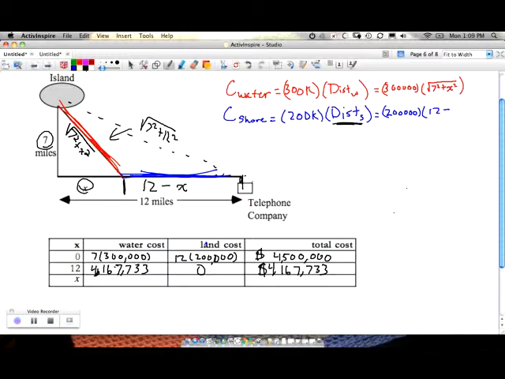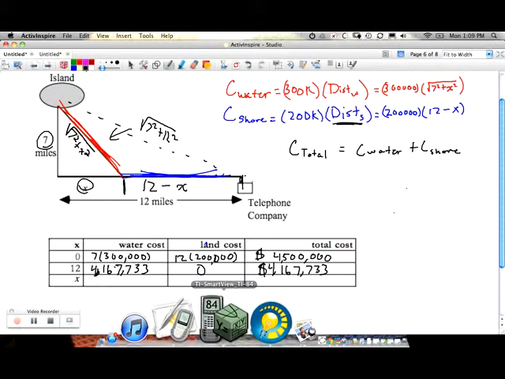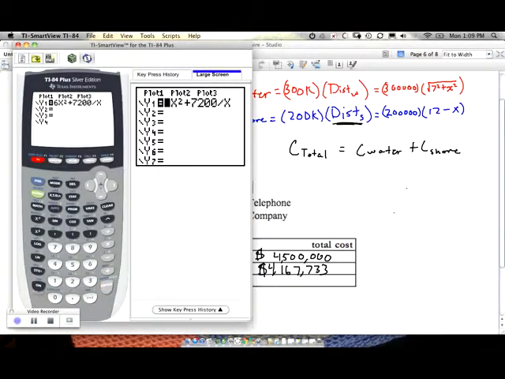Alright, so let's look at the total. The cost total is going to be the seawater plus the cost of the sea shore. So let's plug that into our calculator. We're going to use the y1, y2, and then combine them. So for the first one, y1, that's going to be 300,000 times, now here's where we got to put the stuff in parentheses here.